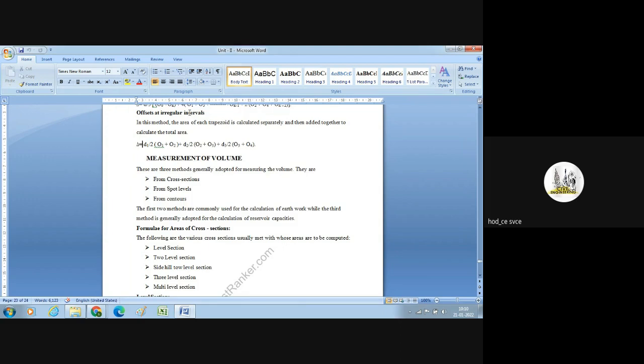Next, you need to calculate M2. M2 means from the meridian to the center of the line BC. That means M2 equals M1 plus half of D2. That is the distance of the second meridian, that means M2.